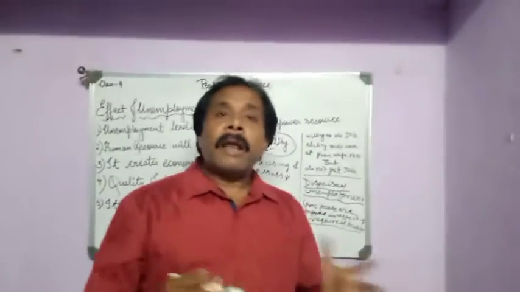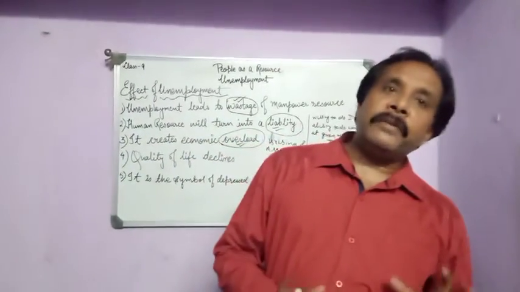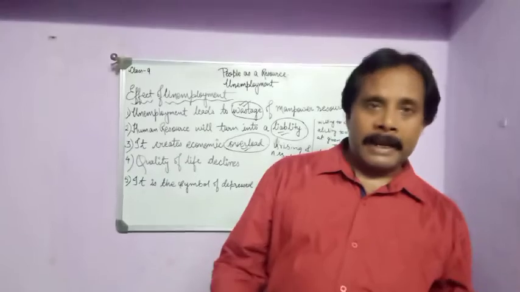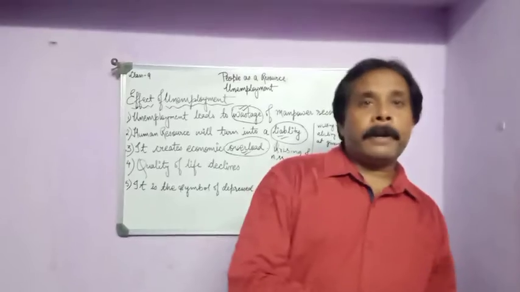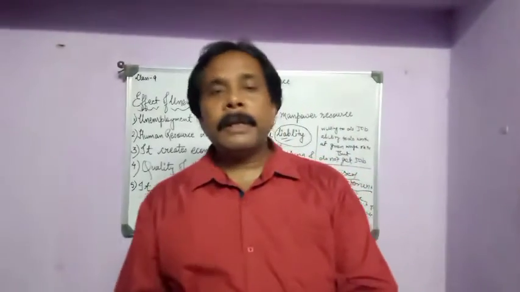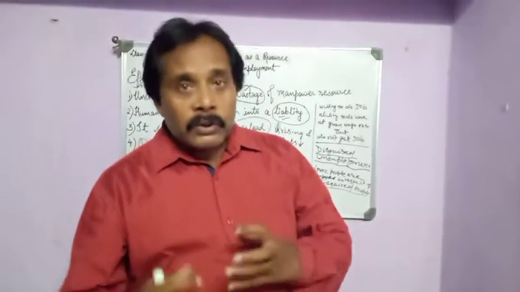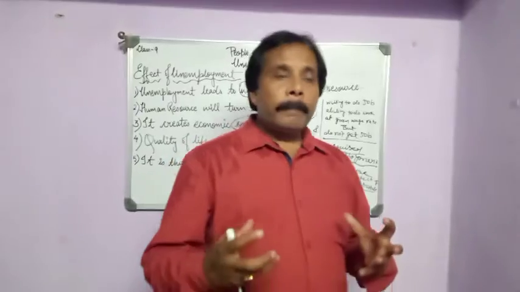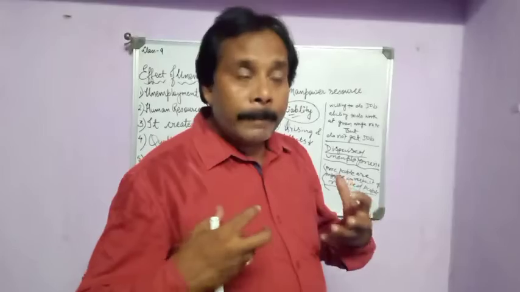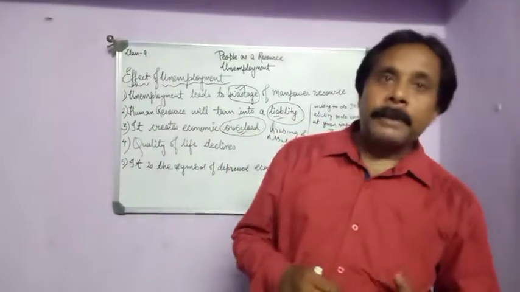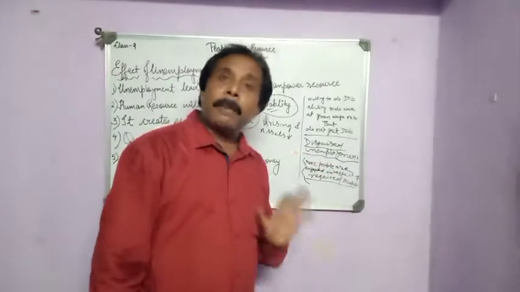In the writing form you may write: disguised unemployment refers to a situation in which more people are engaged compared to required people. If we remove some people from the same work, there will be no change in output. So it also indicates that there are no job opportunities. The people have no place where they can implement themselves, and due to that disguised unemployment occurs in our country.